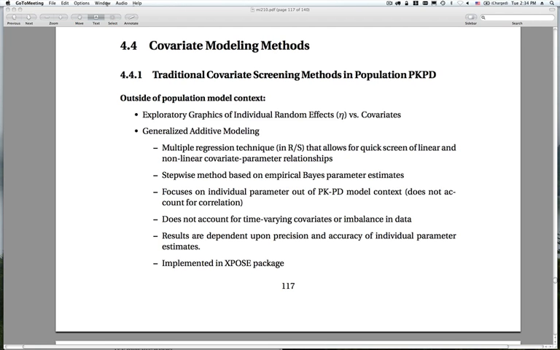Now, one thing you could do is exclude sex as a covariate and just build the model with weight. And then afterwards, having that fixed model for weight, look at the remaining differences between males and females.